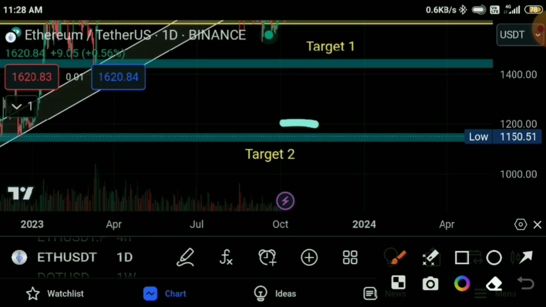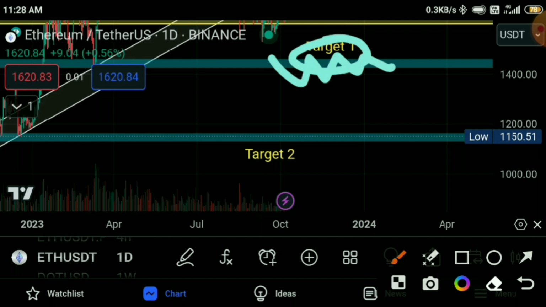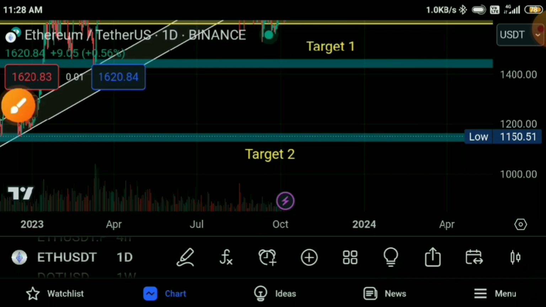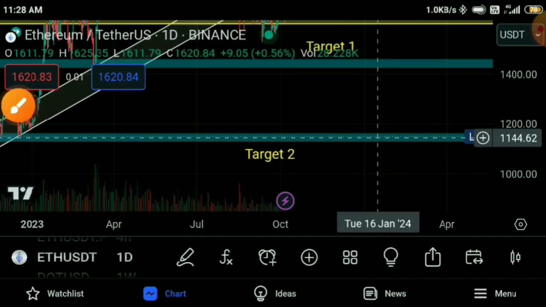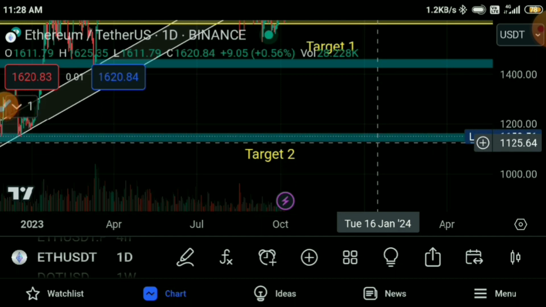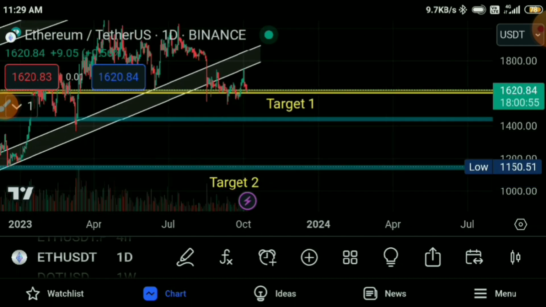And the second target, if the price breaks the first target with some consolidation and then a heavy breakdown, then the second target is at 1161 to 1125. So yeah, this is it.